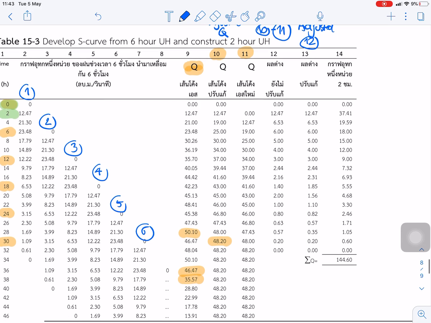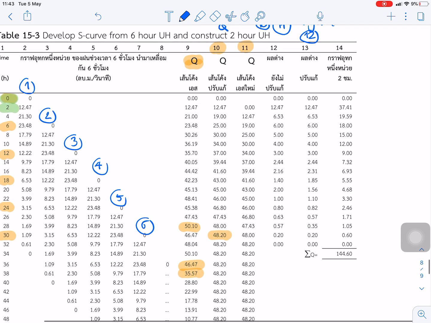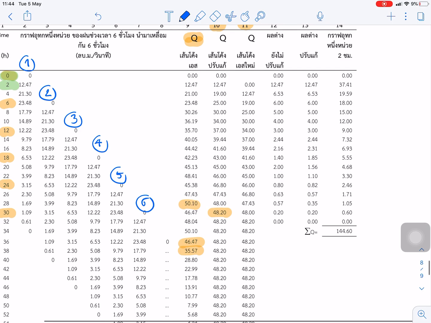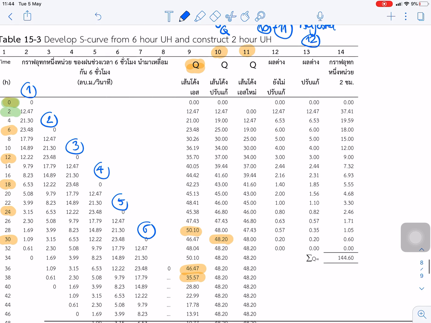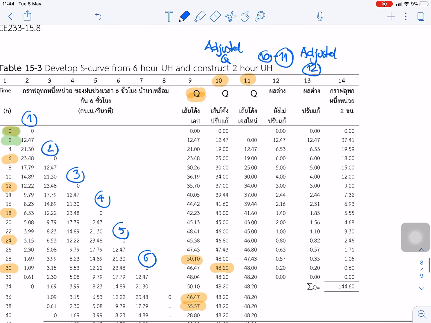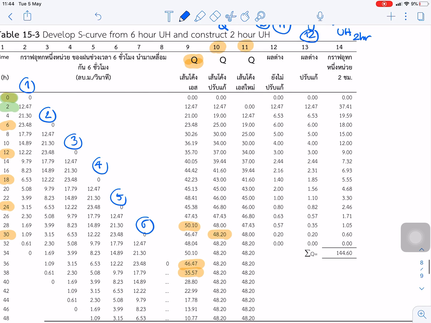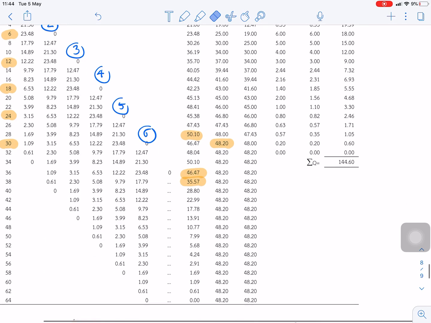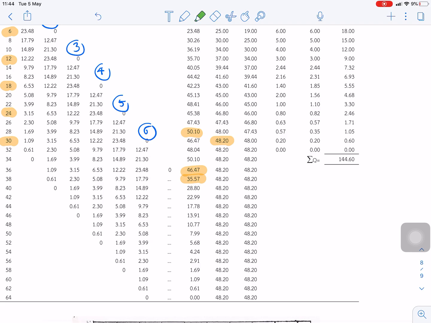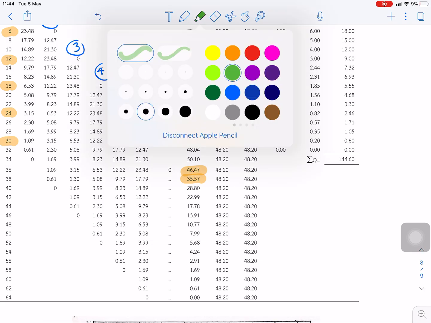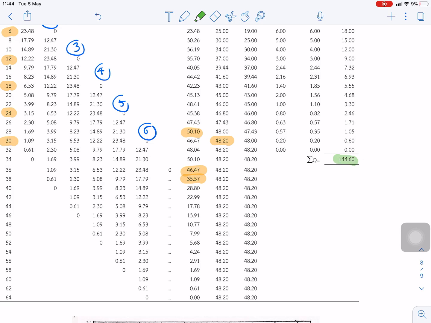We do the last column to find the final unit graph. This is the unit graph for 2 hour rainfall duration. You can check that it should be equal to 1.